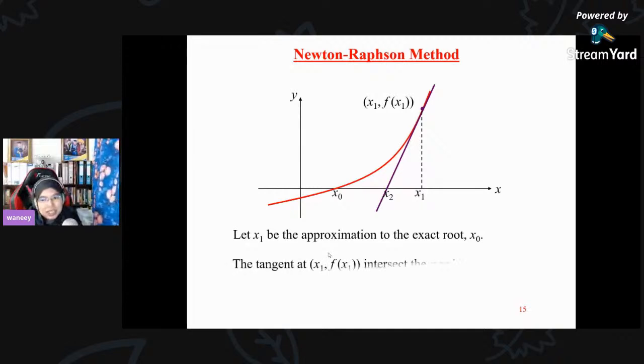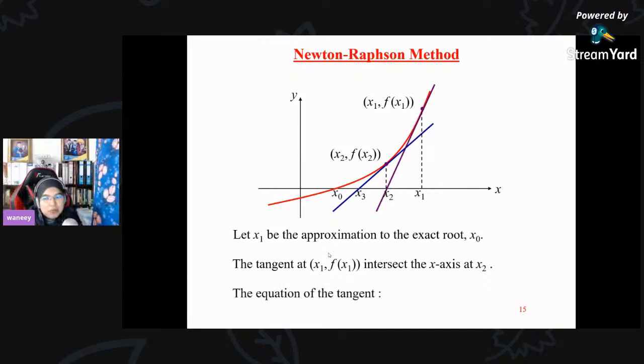At x2, extend a little bit to find the value of y, that is f(x2), and then draw another tangent at x2. That gives another approximation, x3. Keep on drawing the tangent until you reach x naught.